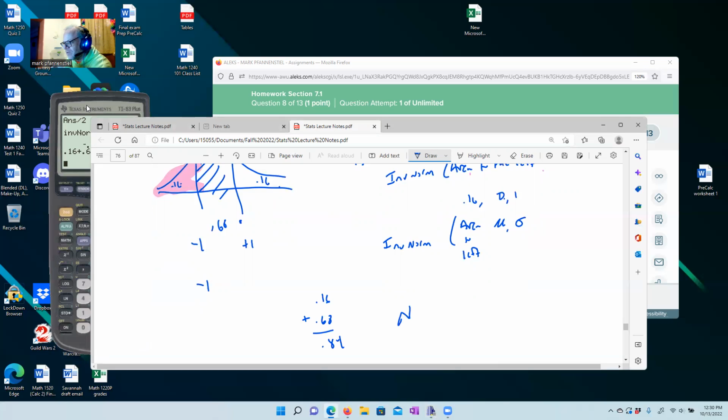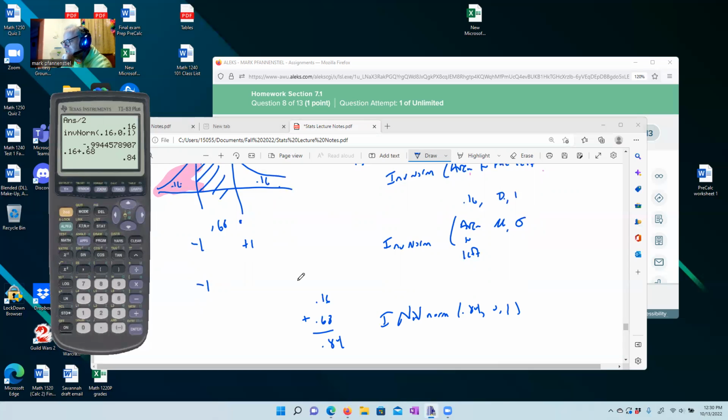So I would do inverse norm, INV norm, 0.84. Okay, and I'm expecting 1 to pop out of this. Okay, because we know that all the data is within +1 and -1 standard deviations of the mean, between z equal to +1 and -1. So we're going to say second function distributions.